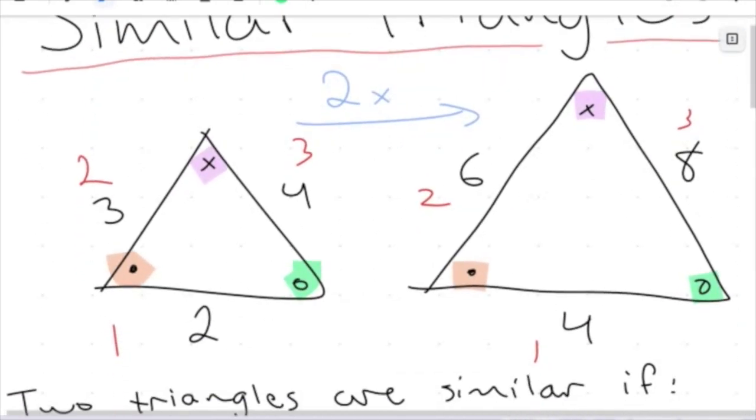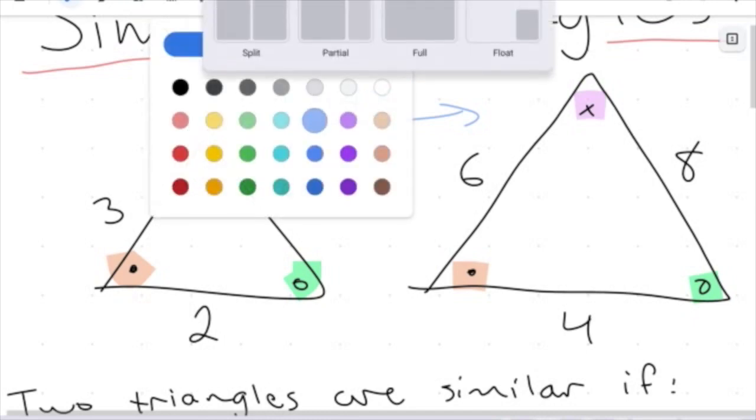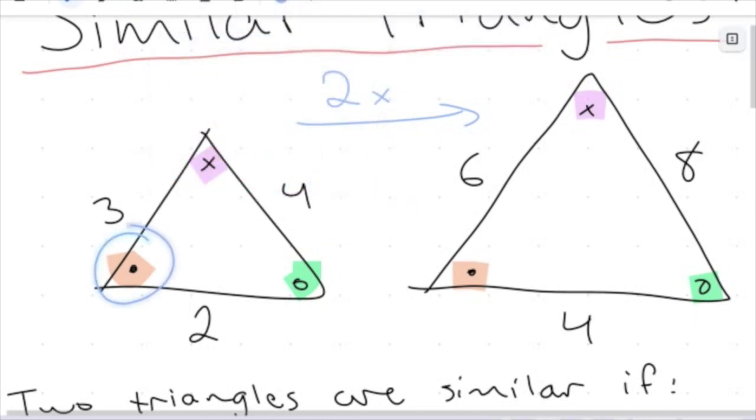If I know that 2 of my angles are the same, let's clear this up. So if I knew, for example, that this angle corresponds to this angle and they're equal, and this angle corresponds to this one and they are equal, the third one must be equal, because the angles of triangles all add up to 180 degrees.